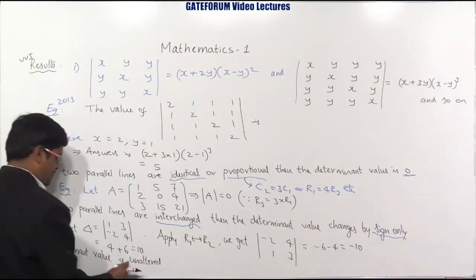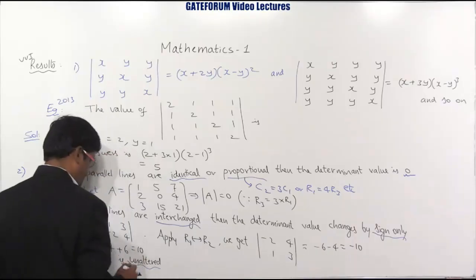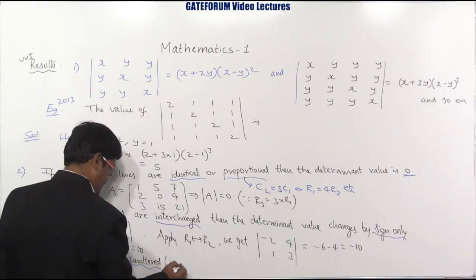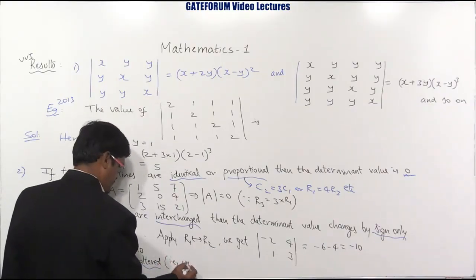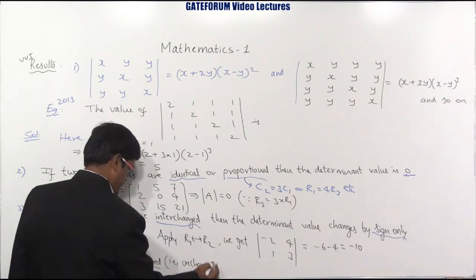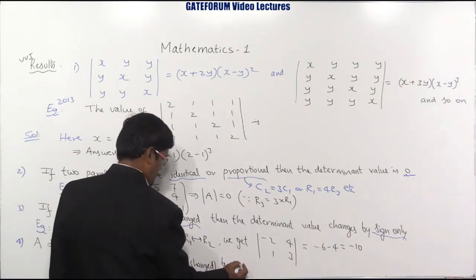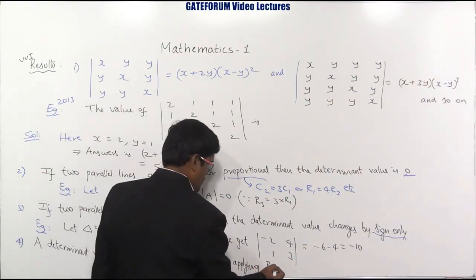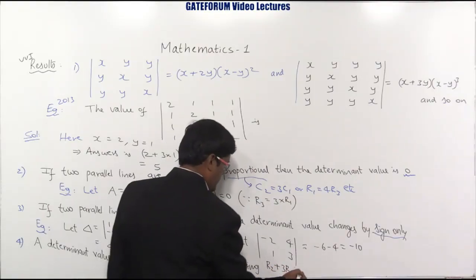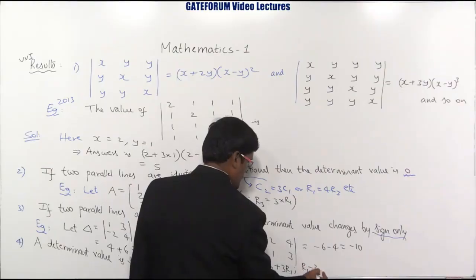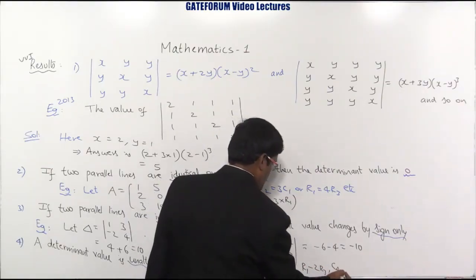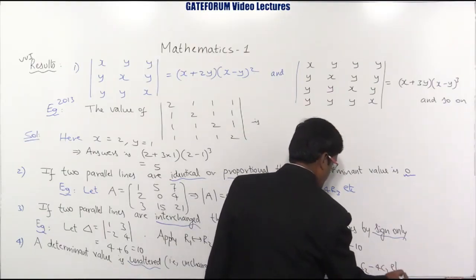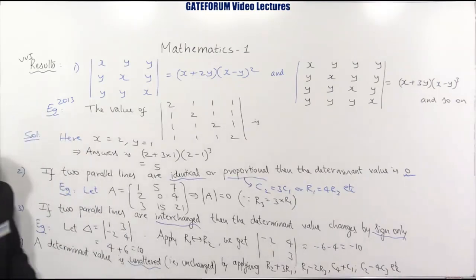Unaltered means has no change, by applying operations like R2 plus 3R1, R1 minus 2R3, C4 plus C1, C2 minus 4C3, etc. That is a sum of two row, two column operations.